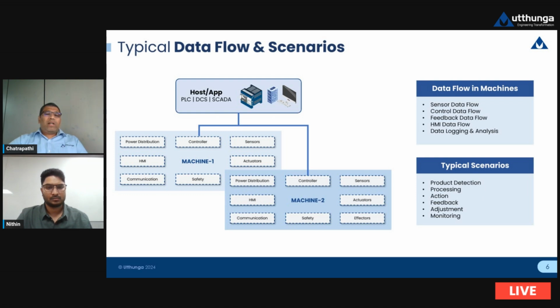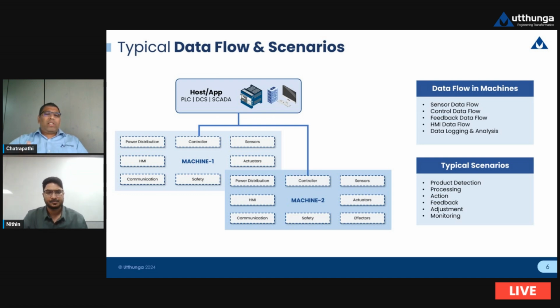Feedback is based on the sensor at the sealing station confirming that the position is good and it has been sealed, and if not, making adjustments to improve it, and so on. And then the monitoring, where the HMI keeps getting the data with which it can show alerts and production information and so on to the operator.